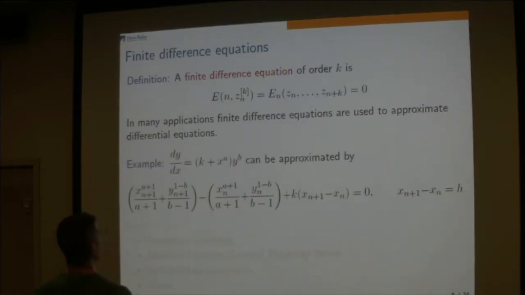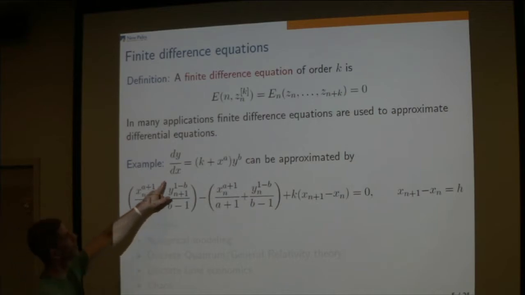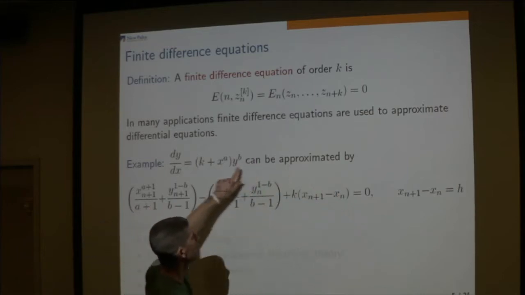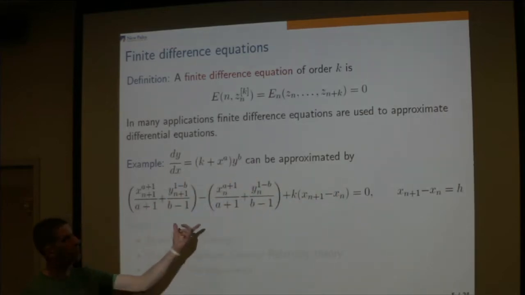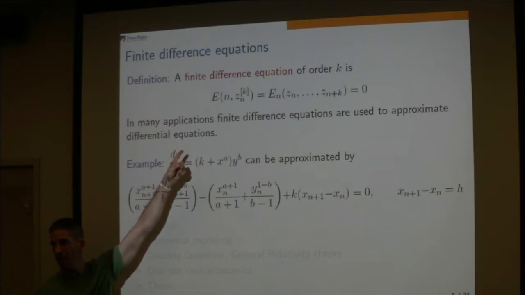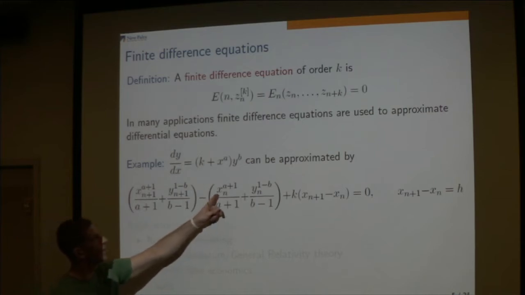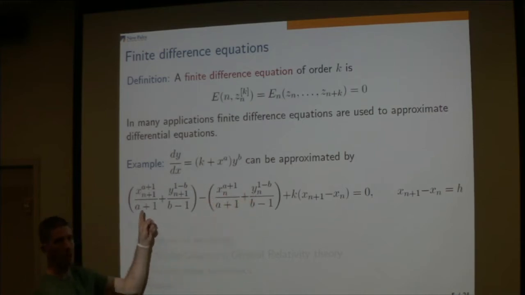And so an example, I guess, is the following one. So here we have, say, a first order ODE, and it can actually be approximated by two equations. Here on the left we have this big equation. This would be an example of the equation E. So this relates, let's say, the point x_n, y_n, and the neighboring point x_{n+1} and y_{n+1}.